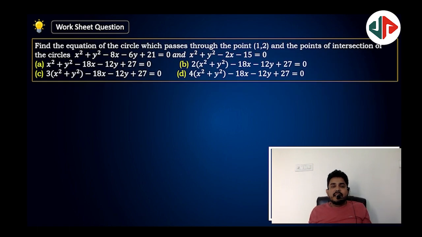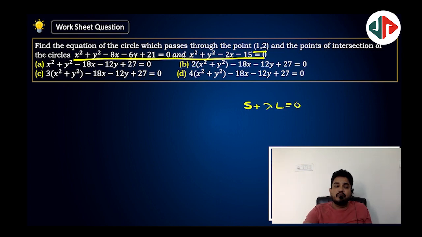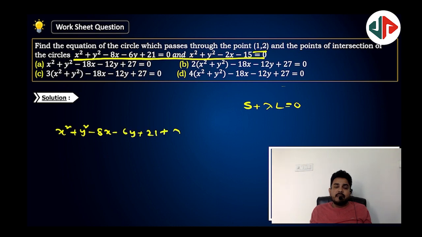Find the equation of the circle that passes through the point (1, 2) and the point of intersection of the circles. So S plus lambda L is equal to 0 passing through (1, 2). So the circle is x square plus y square minus 8x minus 6y plus 21 plus lambda times of radical axis minus 8x plus, so minus 6x minus 6y minus 21 plus 36 is equal to 0.